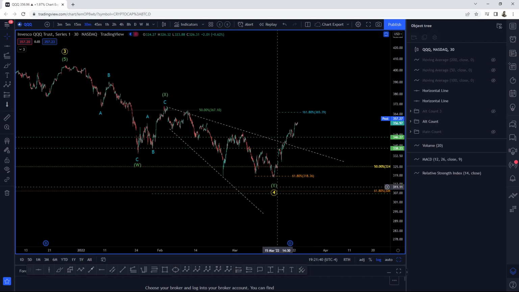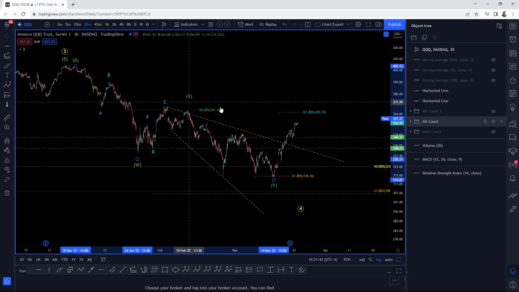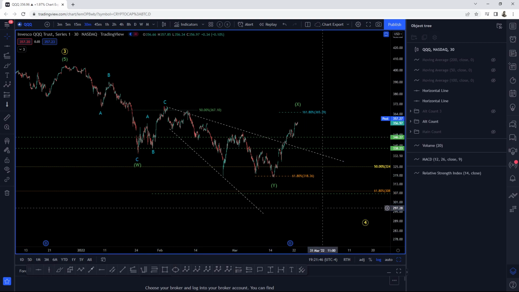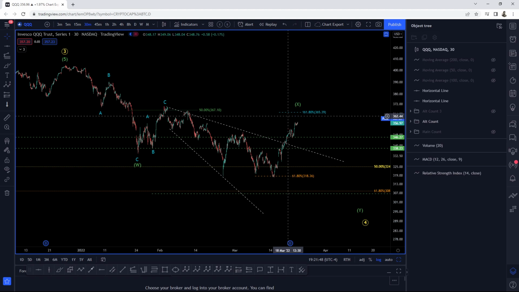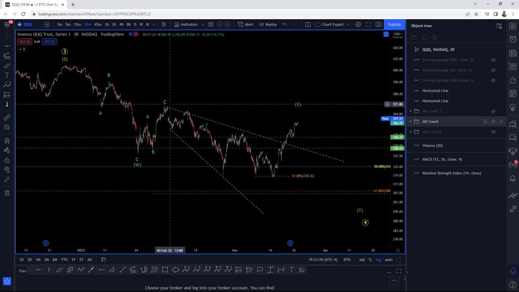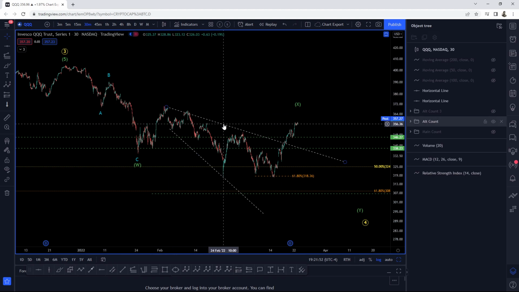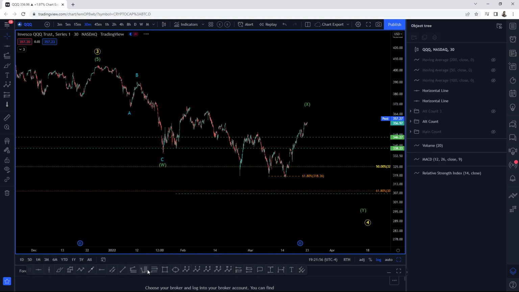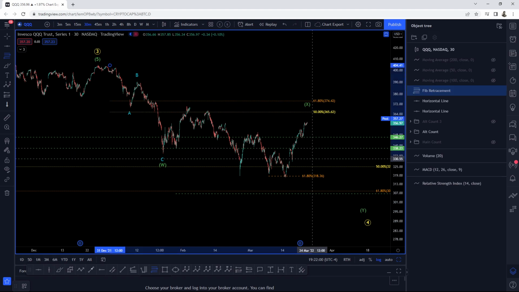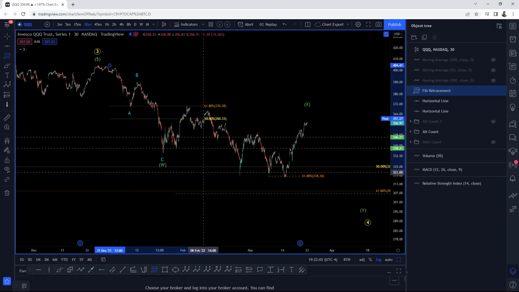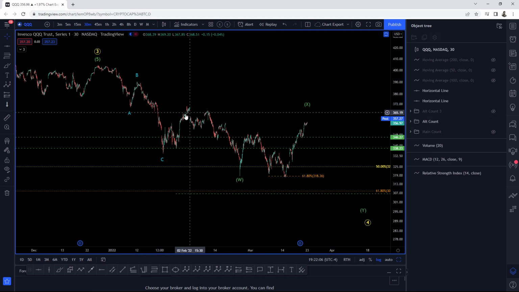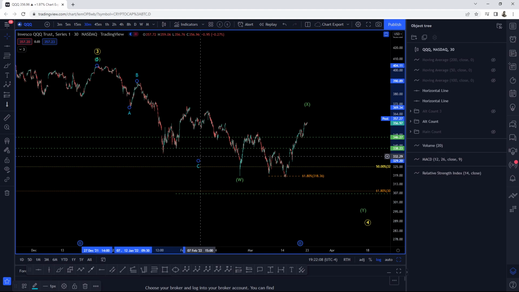So this will still mean that we are in a, this will be X. And we're still going to look for price action to the downside. Same deal as in the SPY. We will be looking for resistance somewhere in the, let's take a look. Oh, this is W. There you go. Let me delete this.